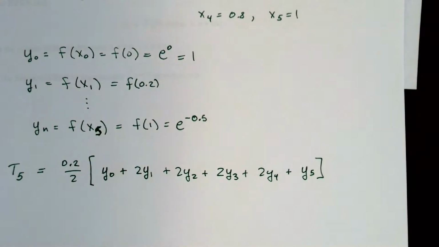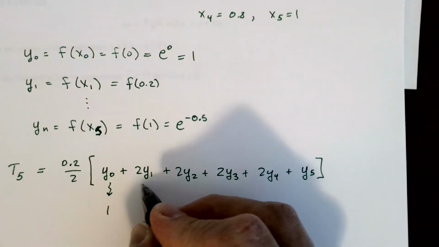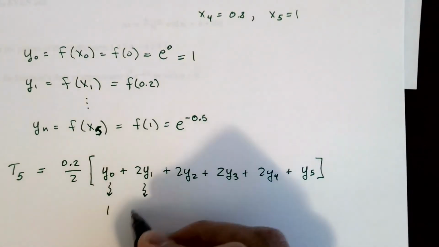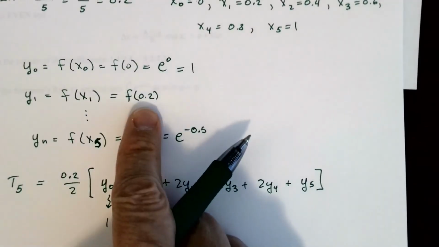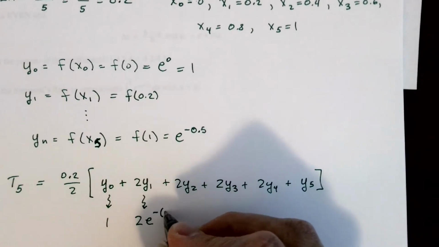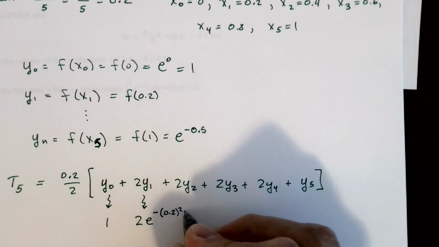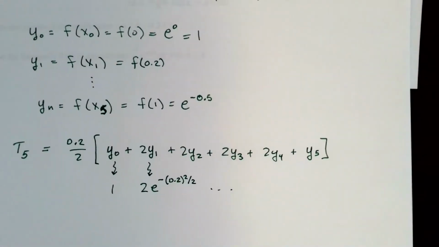So, again, if I'm plugging in y sub 0, we already said was equal to 1. 2 times y sub 1 will be 2 times e to the negative x squared, where x is 0.2. And so on. So we can fill in all the rest of those.